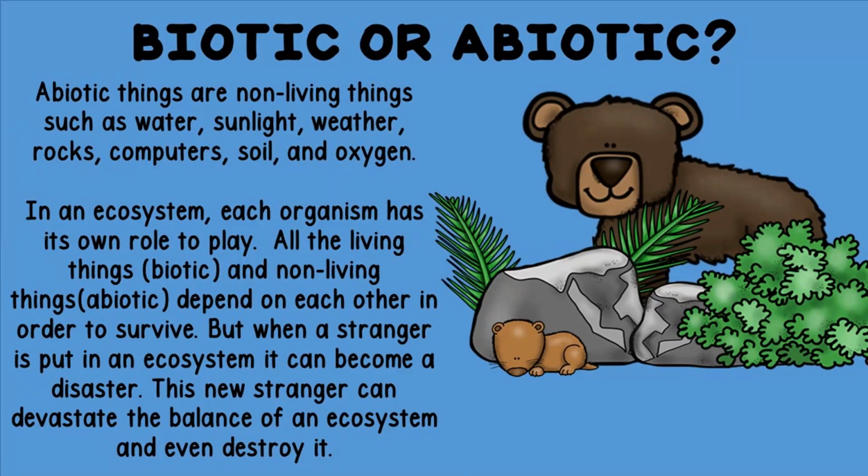When you think of a working ecosystem, like a forest, you've got trees and grass, and maybe some moss, some dead leaves on the ground, you've got bears, you've got squirrels. What else would live in a forest? Raccoons. You've got the parts of the trees like the roots, acorns.